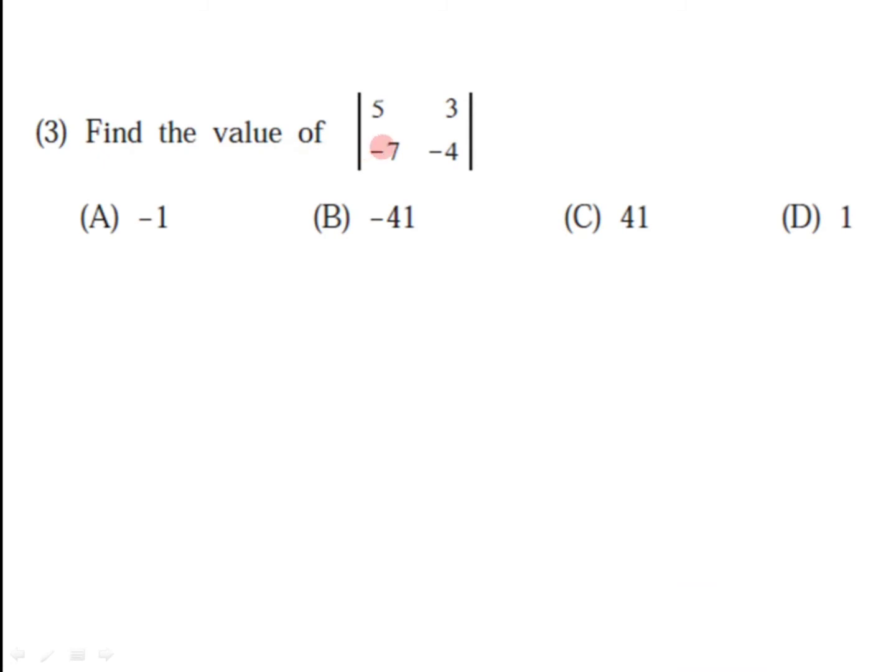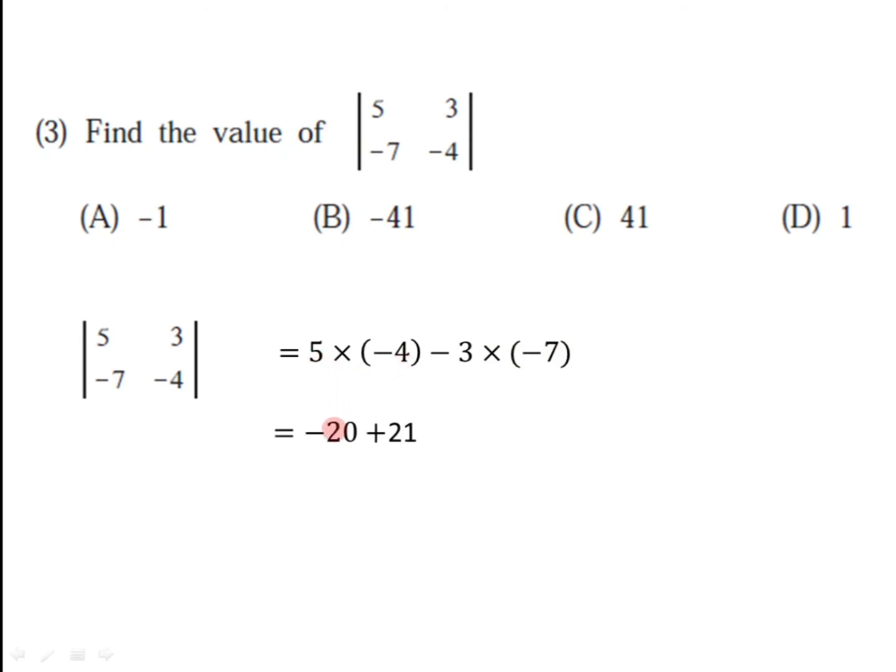Find the value of the determinant 5, 3, minus 7, minus 4. The four alternatives again are given here. To choose the correct alternative, we have to solve this determinant. We take the product of 5 and minus 4 firstly. So we have 5 into minus 4, minus the product of minus 7 and 3, which must be subtracted from the first product. 5 into minus 4 is minus 20.